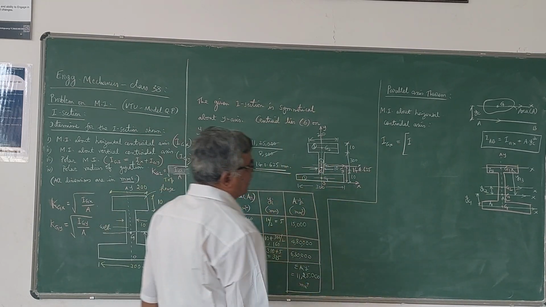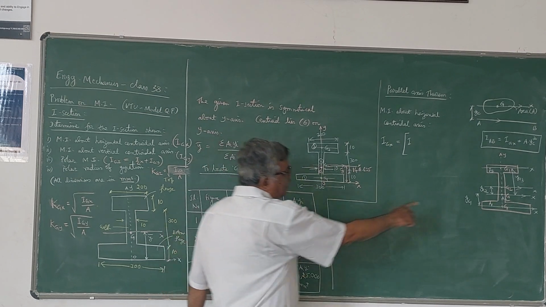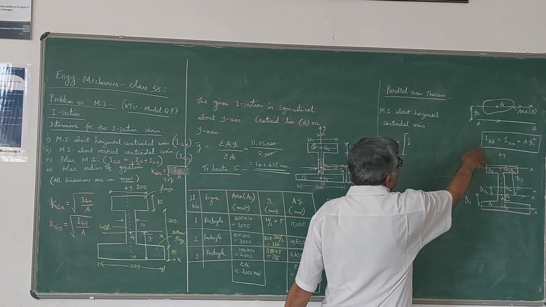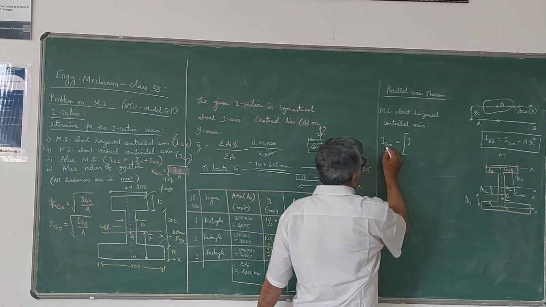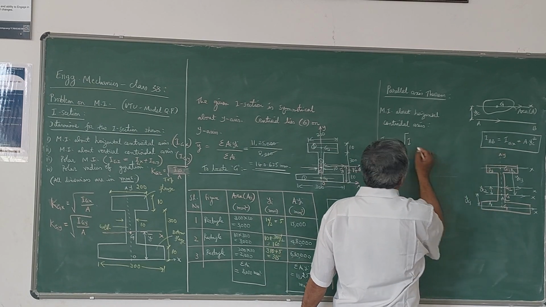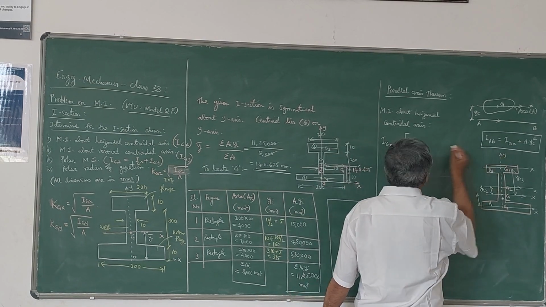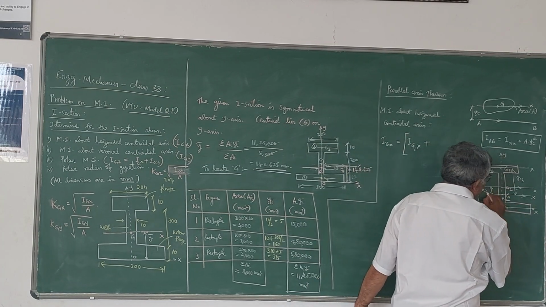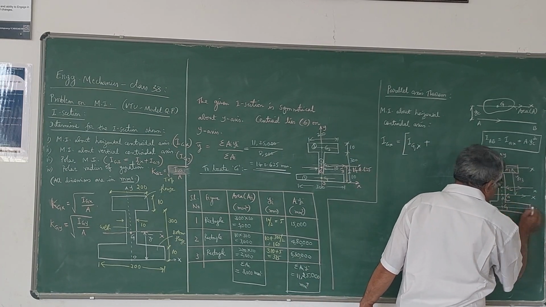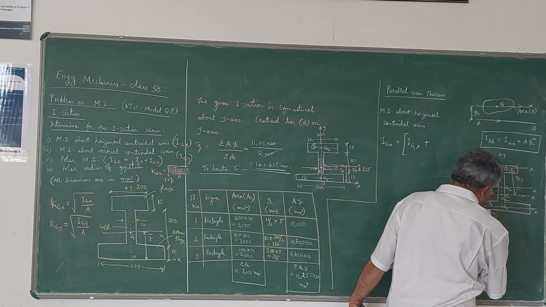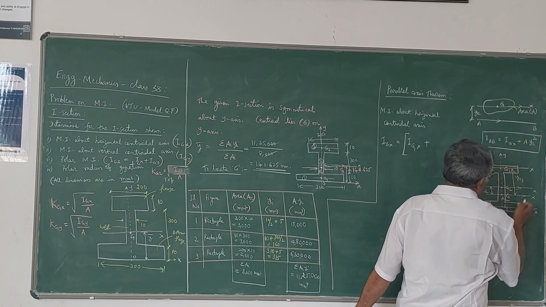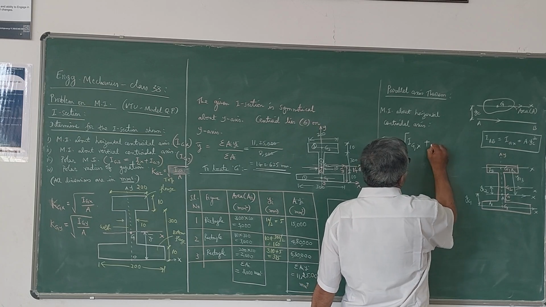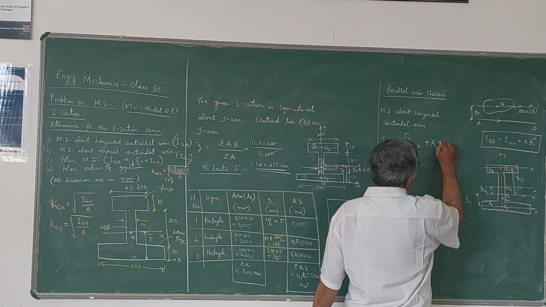So for rectangle 1, rectangle 2, rectangle 3, we are writing this parallel axis theorem. This IGX is nothing but your IAB, now equal to IGX in this formula, which becomes IG1x. Suppose I take this as the AB axis, this as the G1x axis. So this is the area I am going to consider. That area is A1 into YC1 square.